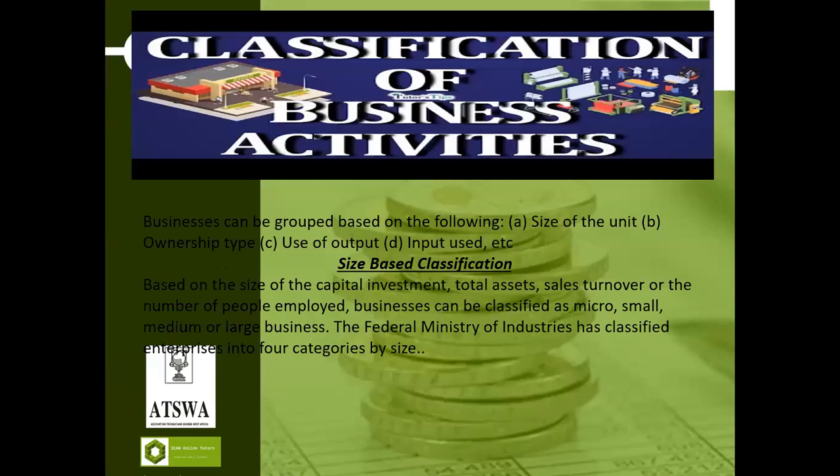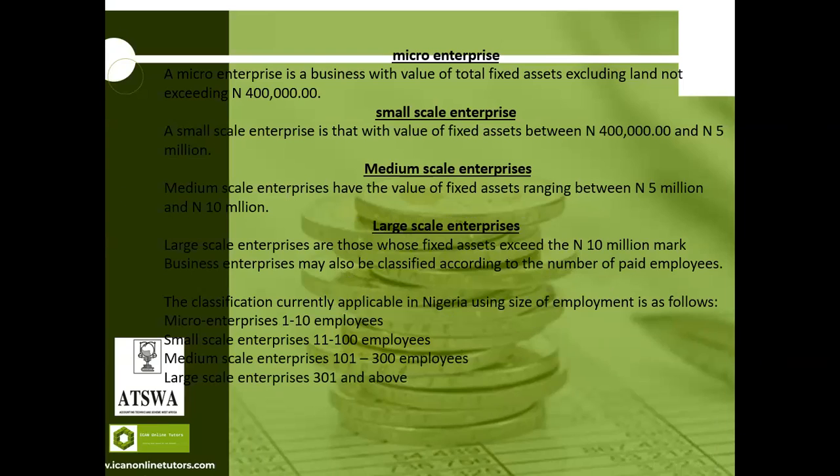The Federal Ministry of Industry has classified enterprise into 4 categories by size. You say micro, small, medium, and large.